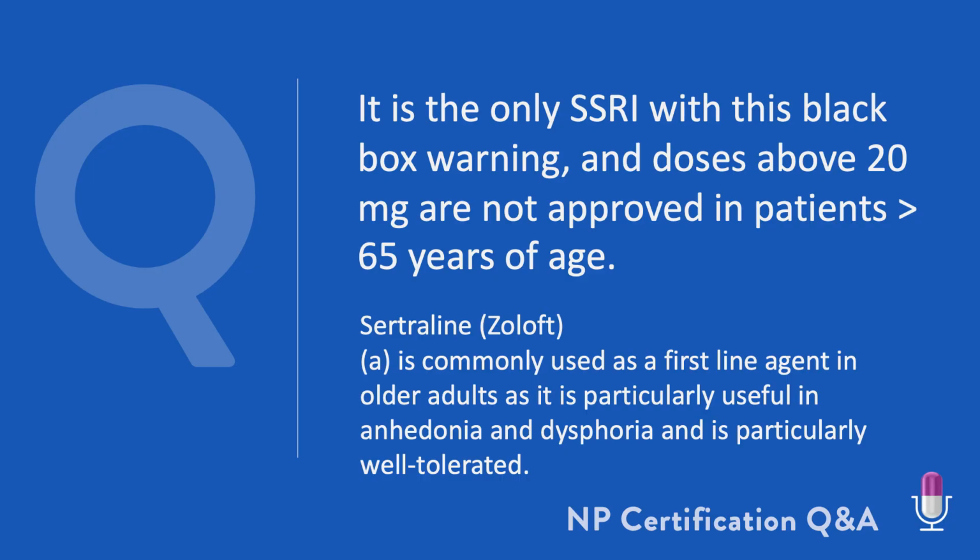A is very commonly used as a first-line agent in older adults, as it is particularly useful in anhedonia, dysphoria, this kind of depressive symptom where they're sad, they're struggling, can't be happy about anything. It's particularly good for that, and it is particularly safe.